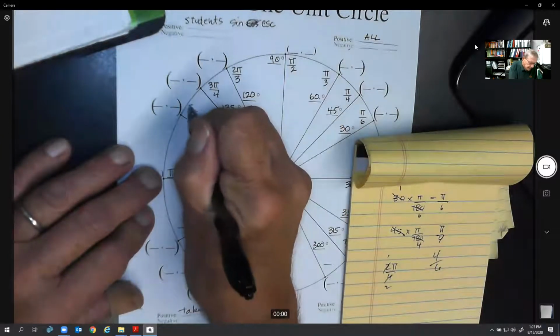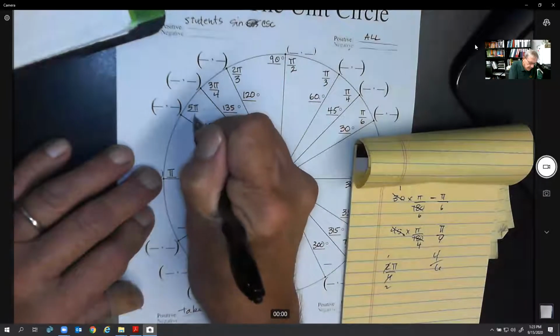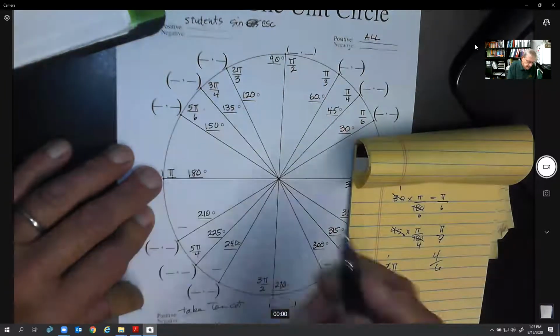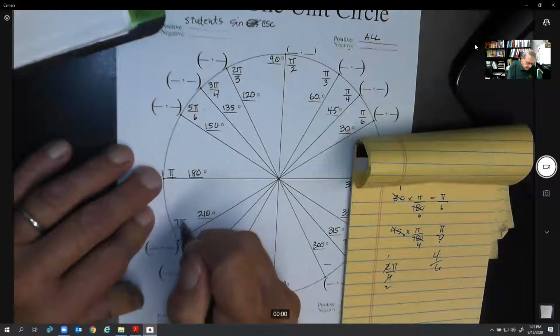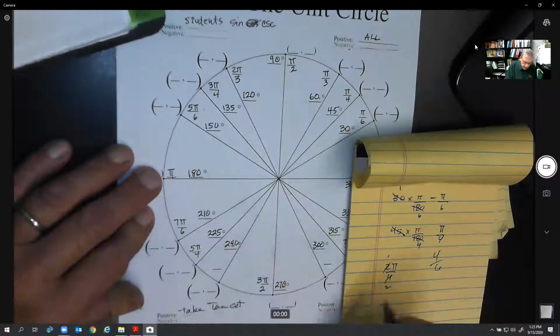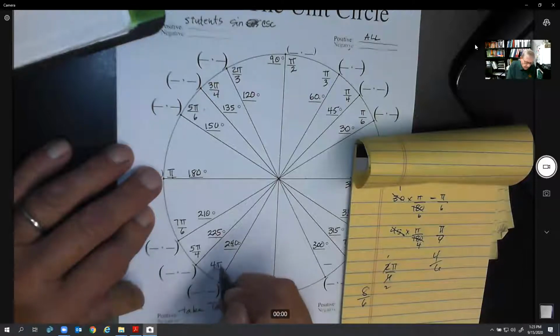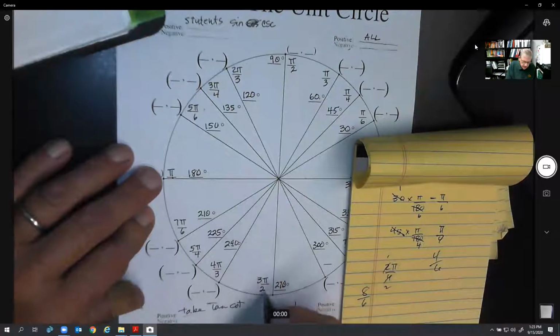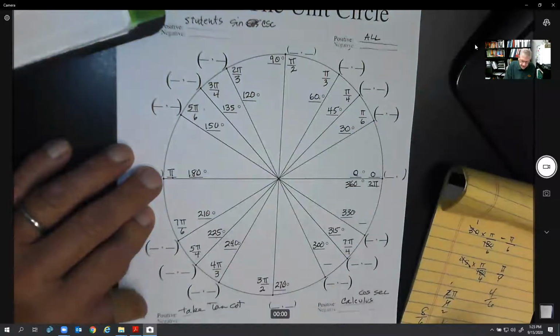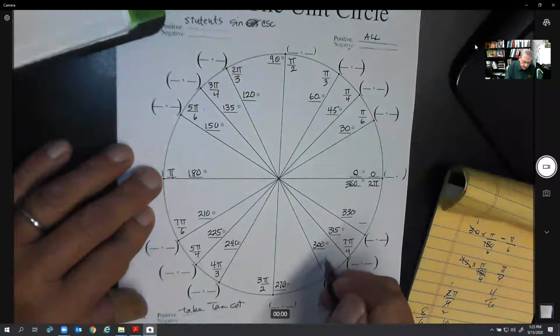5 pi over 6. 6 pi over 6. 7 pi over 6. 8 pi over 6, 4/3, 4 pi over 3. 9 pi over 6, reduce it. 10 pi over 6, 10 over 6, 5/3.